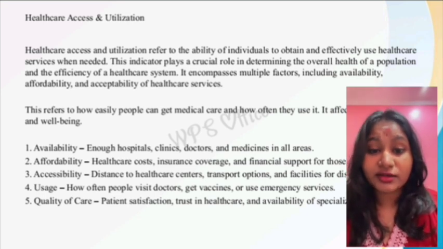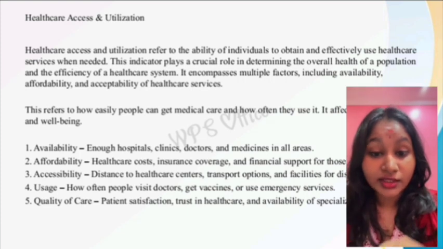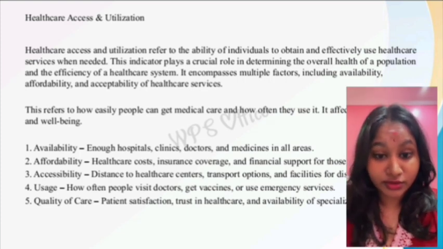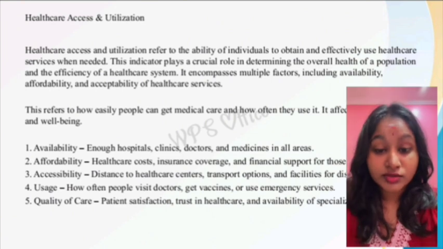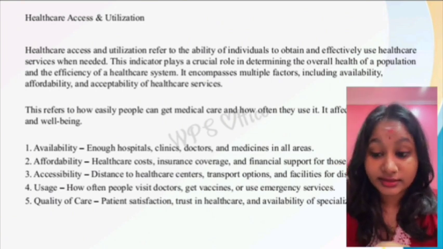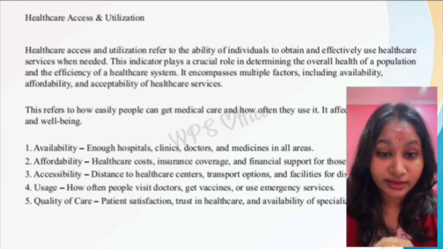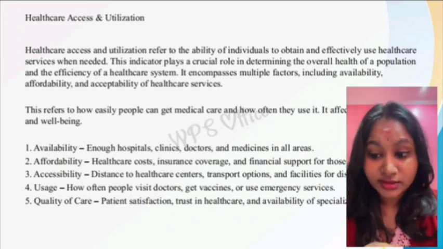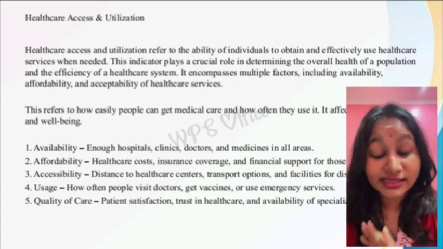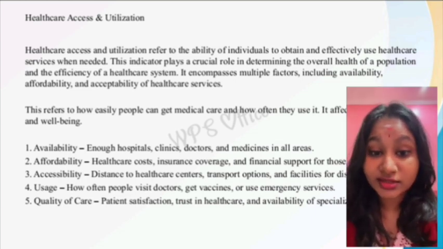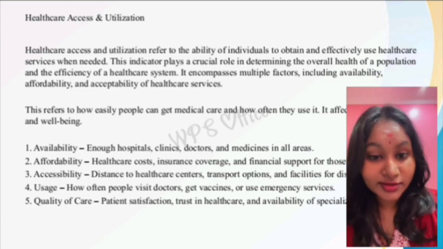Even if you can't afford it at the moment, the insurance you pay monthly will help you at your time of emergency. So when people can easily access and use good healthcare, they stay healthier, prevent serious diseases and live longer lives. That's all from my point.